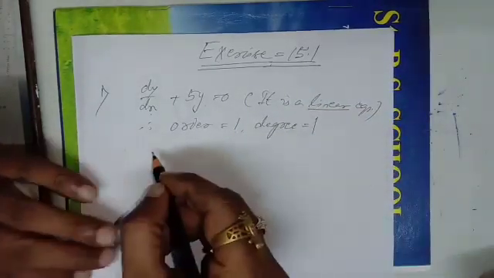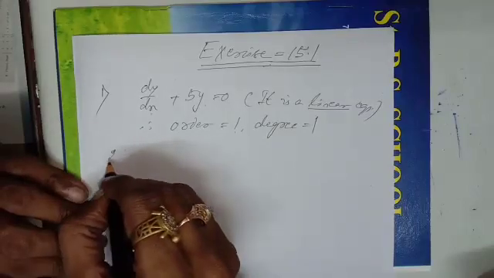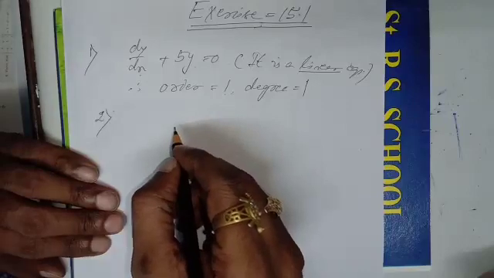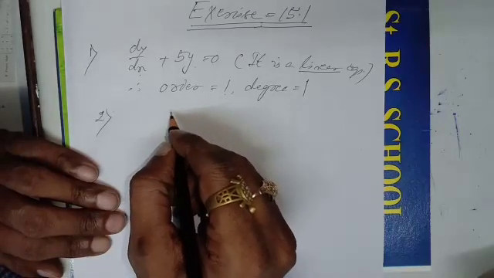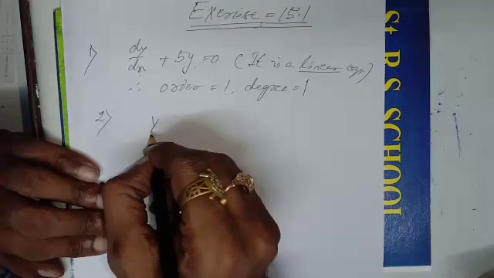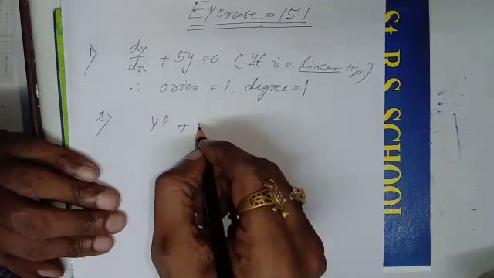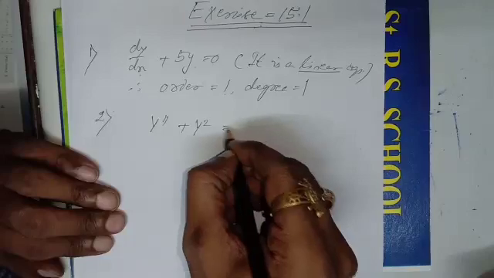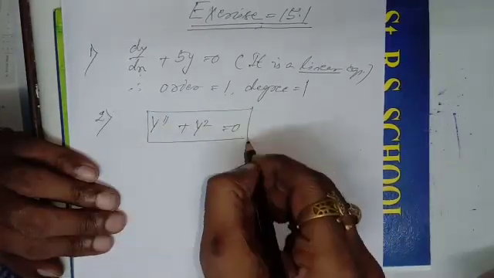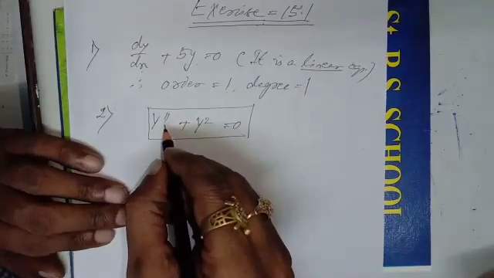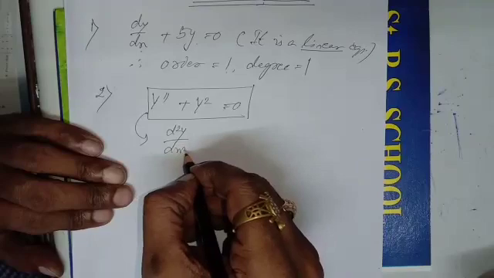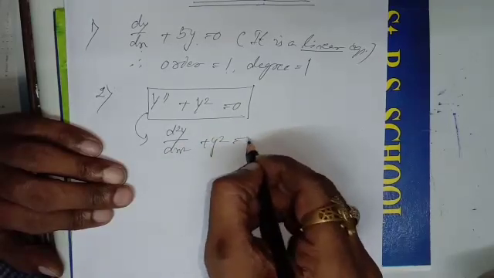Okay, let us go to number 2. Question number 2 is y double dash plus y square equal to 0. Now tell me, what is the order and degree? This is a second order derivative. Actually, this can be written as d square y by dx square plus y square equal to 0.